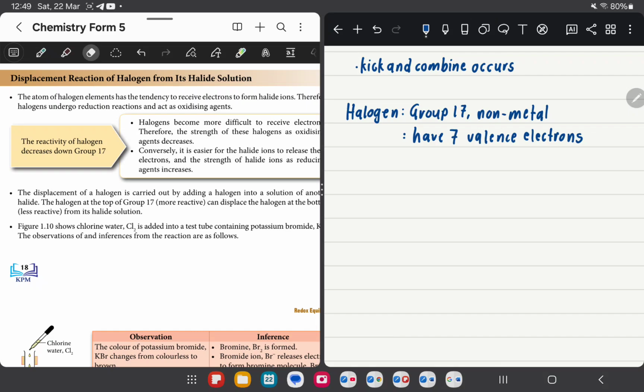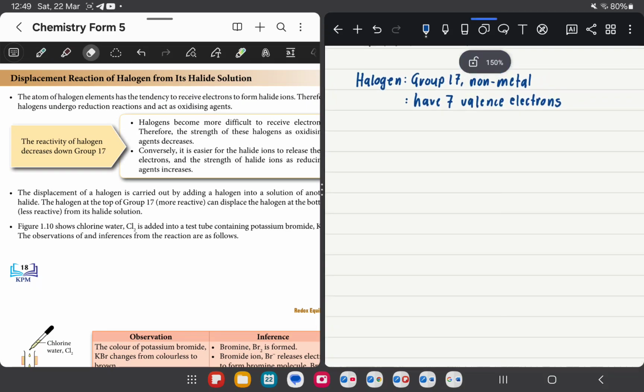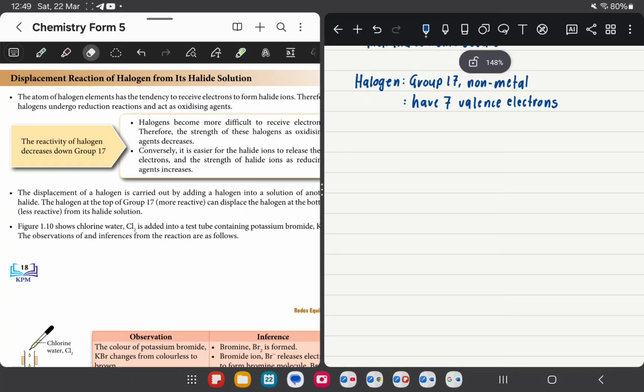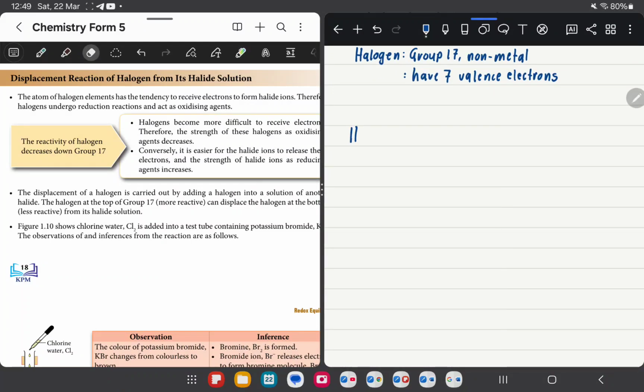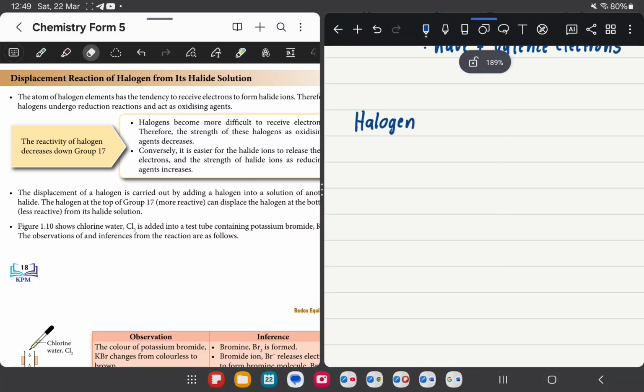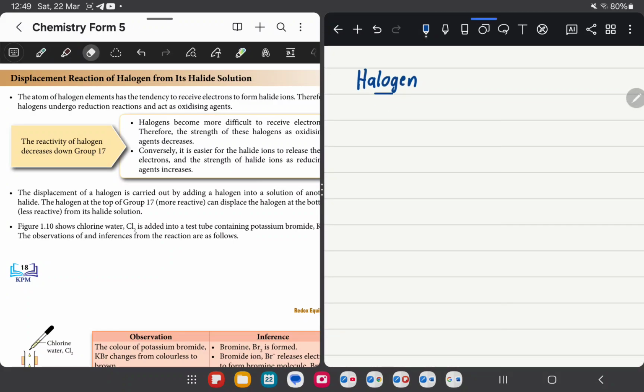After that you must understand halogen and halide. Basically halogen is a molecule. It is an element, but we call it a molecule because they are the same family. Don't ever confuse element and atom. Atom means they have one capital letter only.